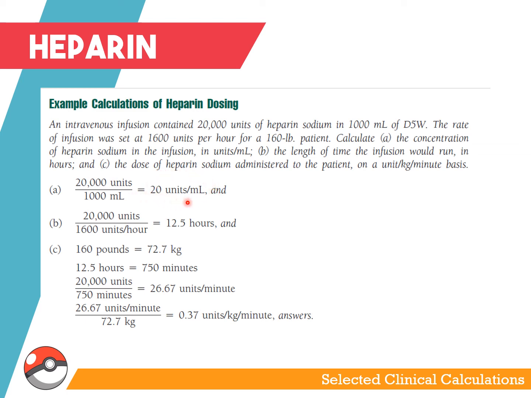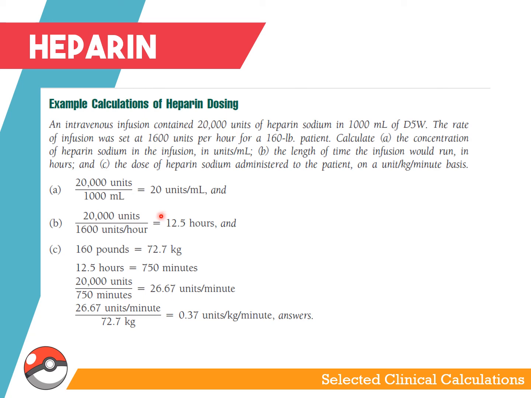Okay, next, the length of time the infusion would run in hours. Given the rate of infusion, which is 1,600 units per hour, right? Since 1,600 units per hour is being administered, how many hours would it take to administer 20,000 units?